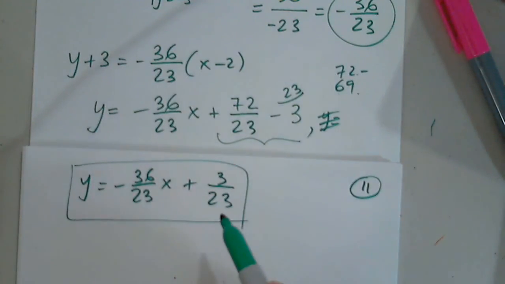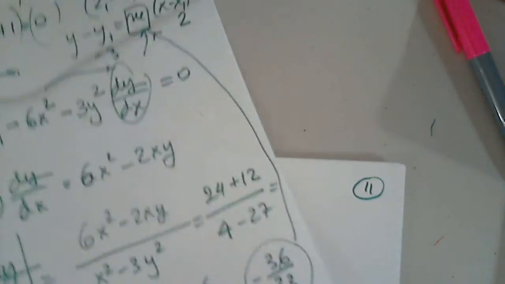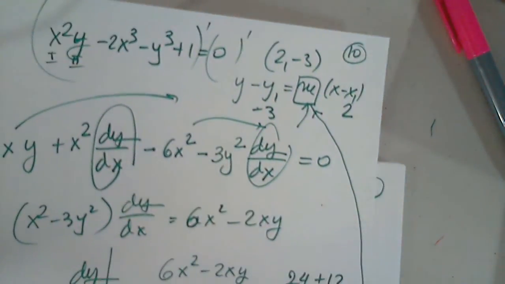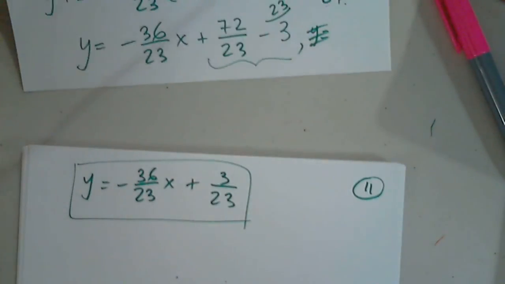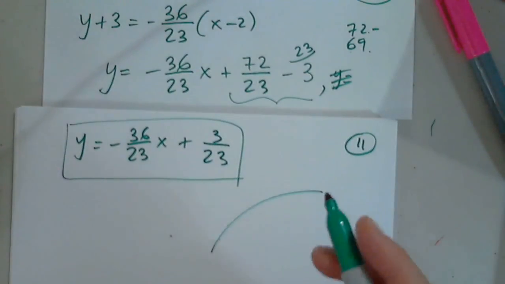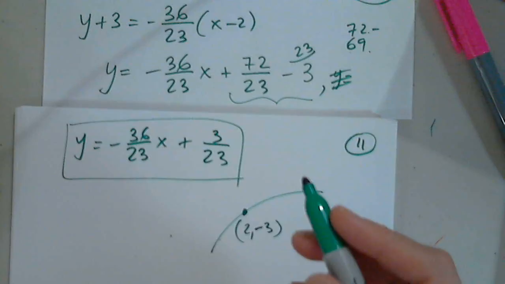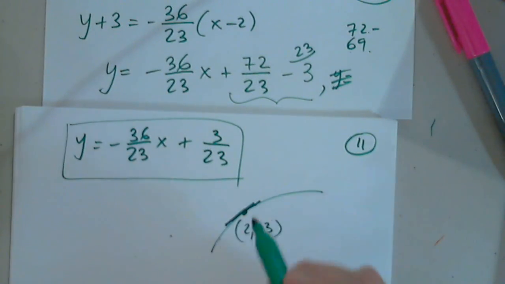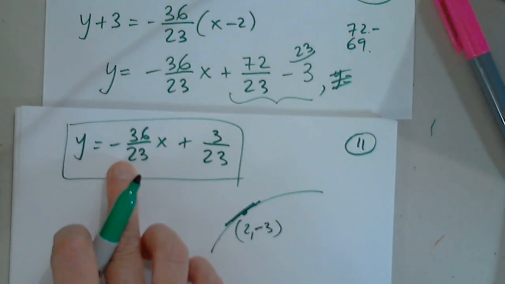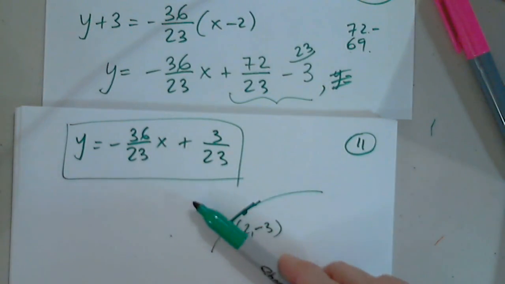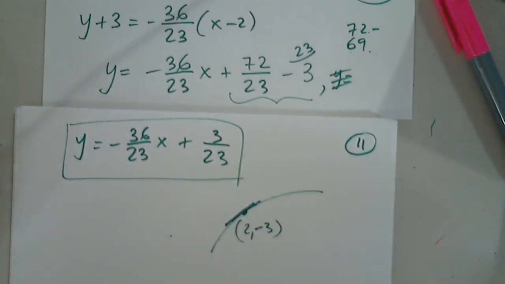So this is the equation of the tangent line to the graph of whatever this is at point 2 comma negative 3. So if that looks like this, and this is the point 2 comma negative 3, then this is the tangent. Of course it's not, because the slope is negative, but you know what I mean. So it would be something like this.